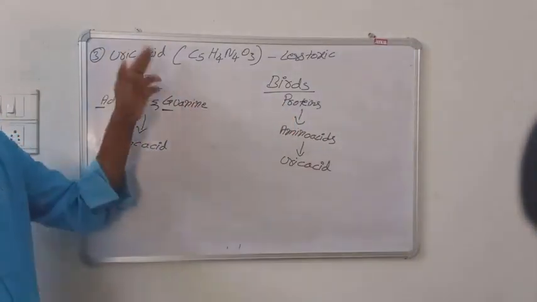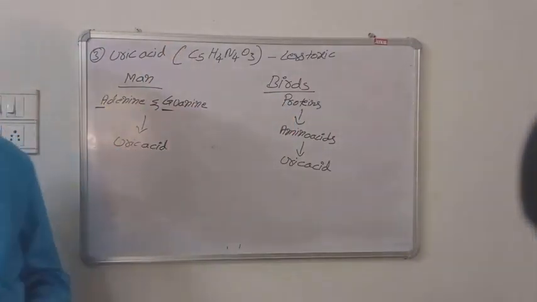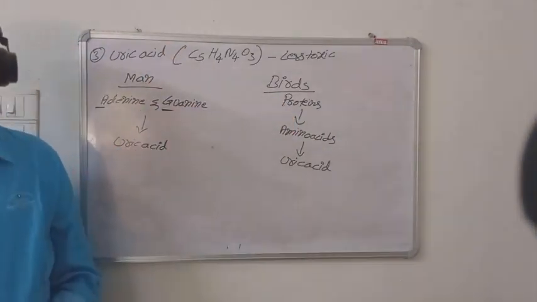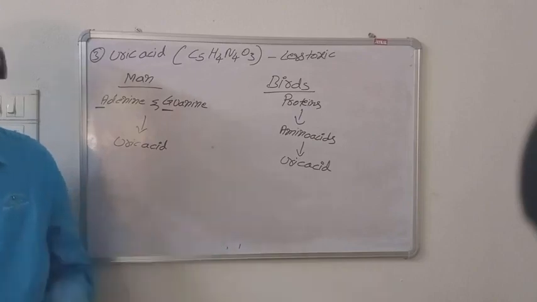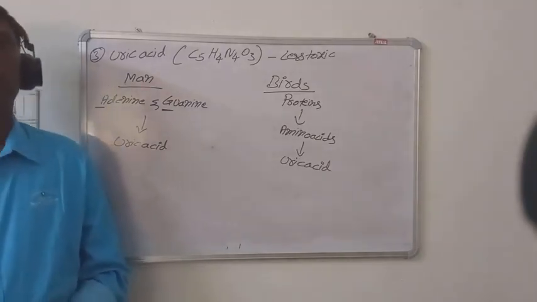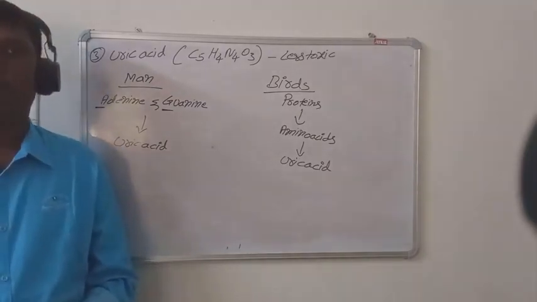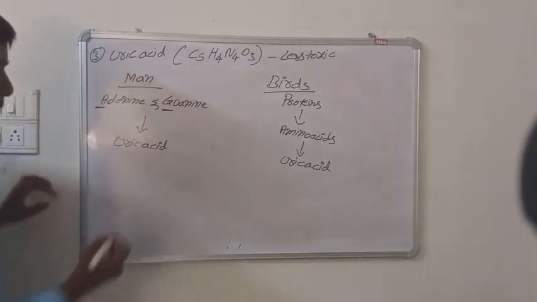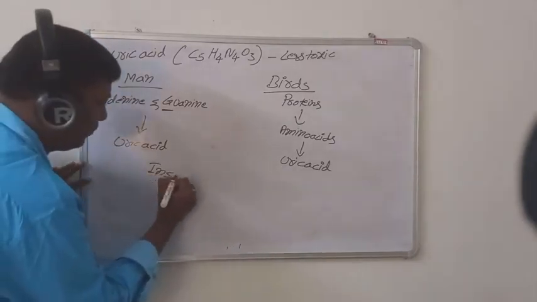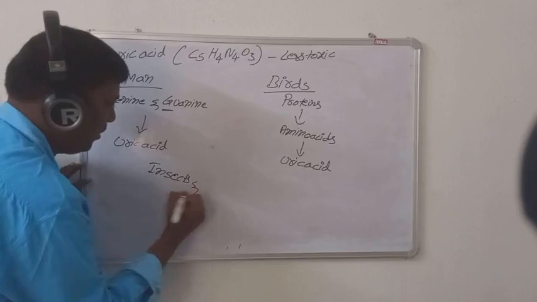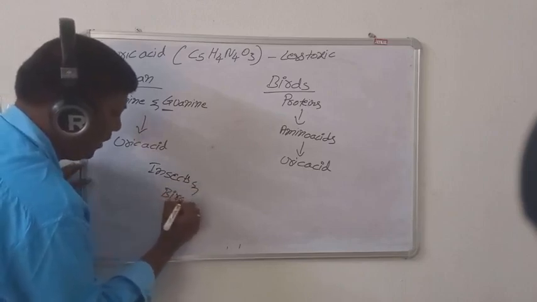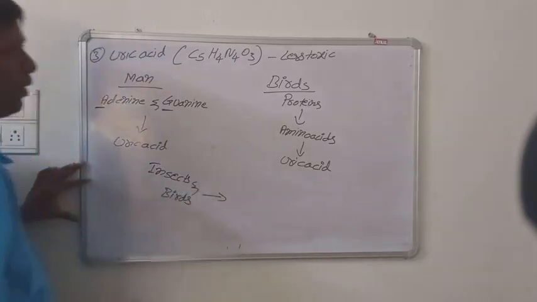Okay, next step. Uric acid is less toxic and also requires very little water, or no water, to excrete it outside. So that's why generally the animals which are facing the severe problem of water scarcity, like insects and birds, prefer to excrete uric acid.